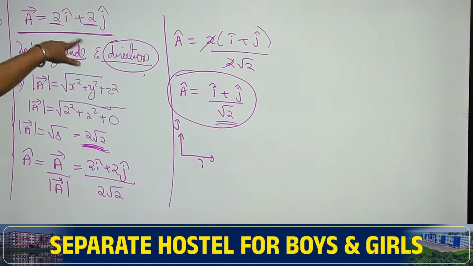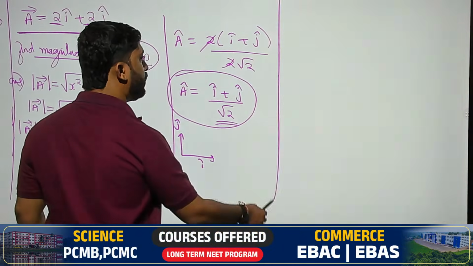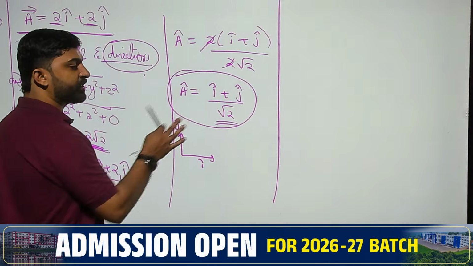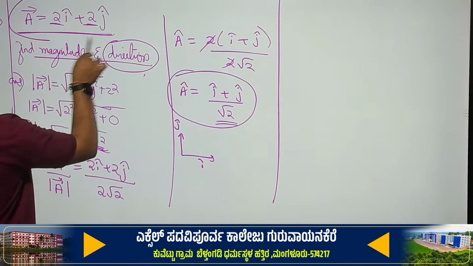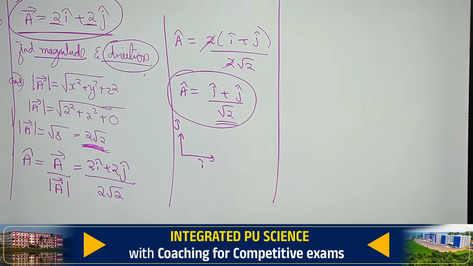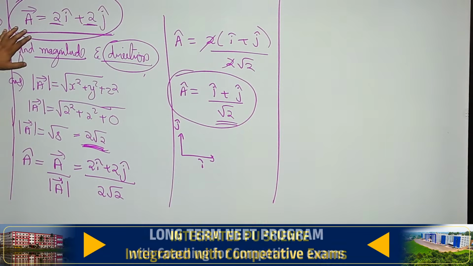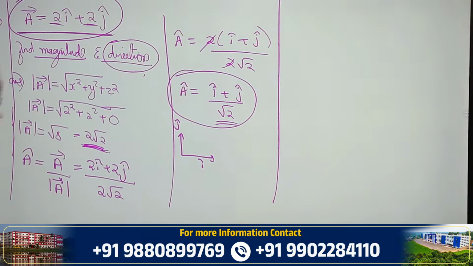How to find the direction in a geometrical way? Then you will get to know which direction this is. The direction of this vector is represented by this i plus j by root 2. Now we will represent this vector in a geometrical form.